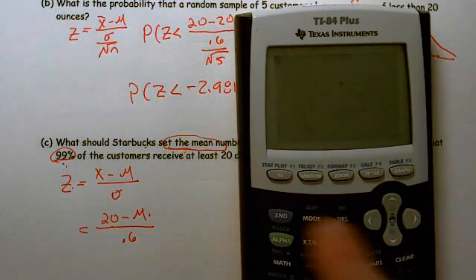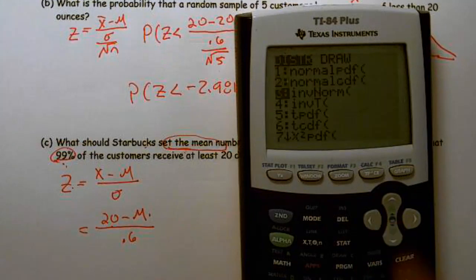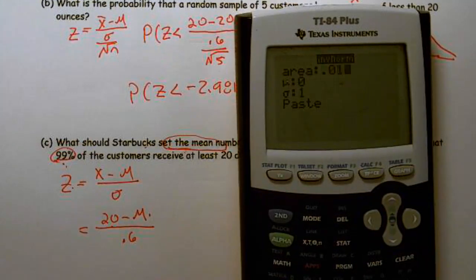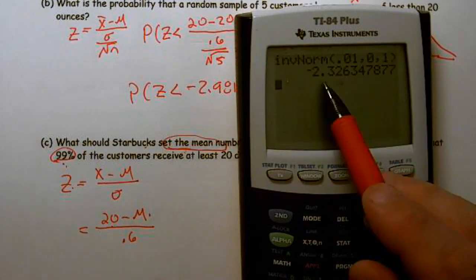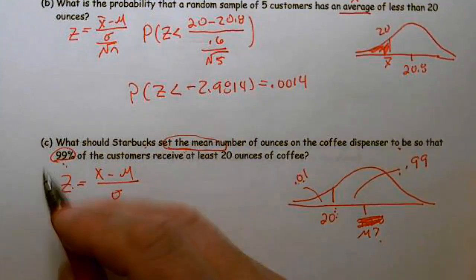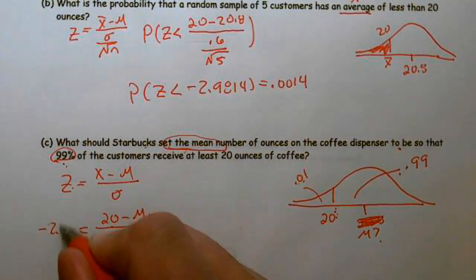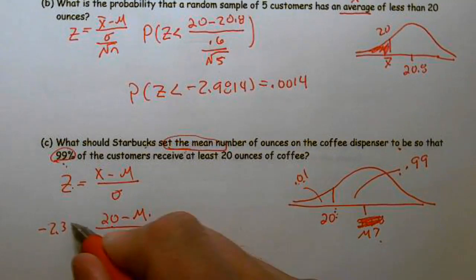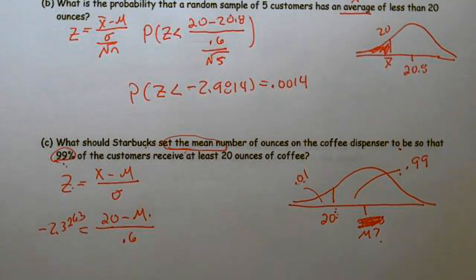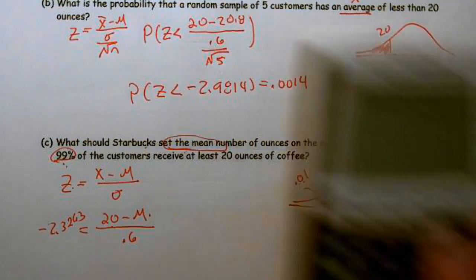So I can go second vars, inverse norm, 0.01, and I end up getting negative 2.326. This is something that people messed up on a lot because they didn't think about where the 99% was. So they swapped that. So negative 2.3263 equals that, and we solve by algebra.